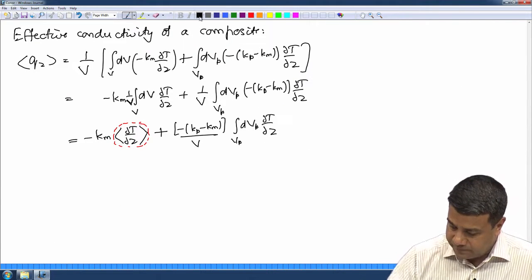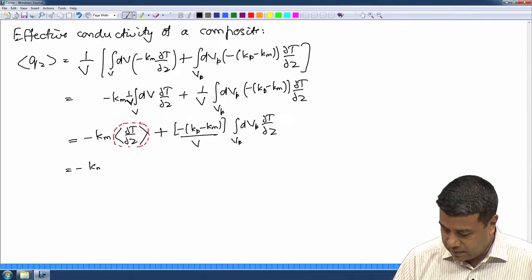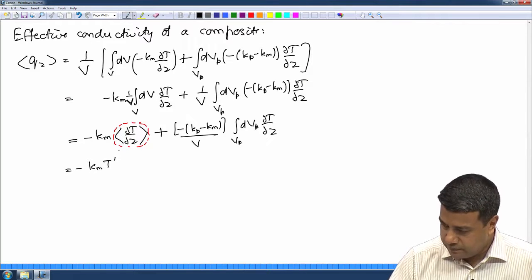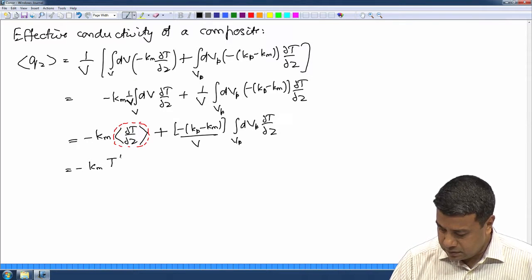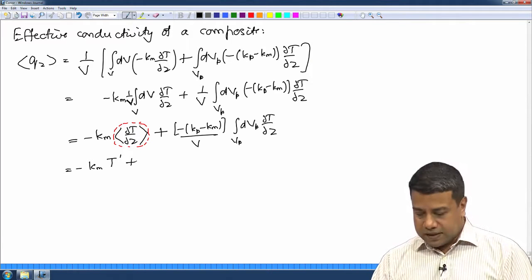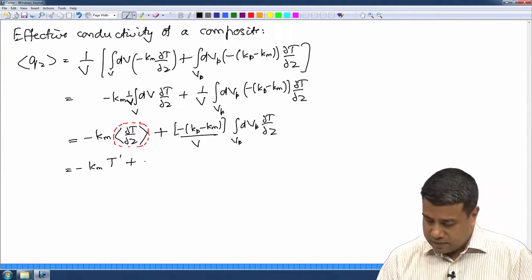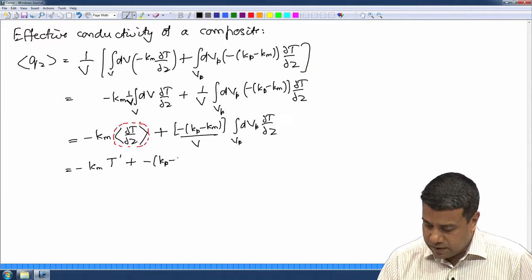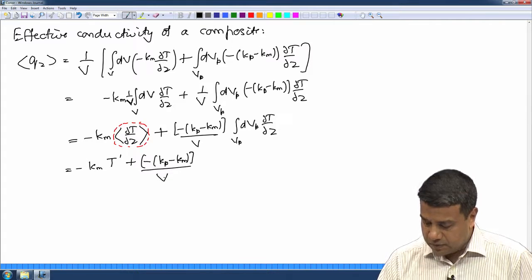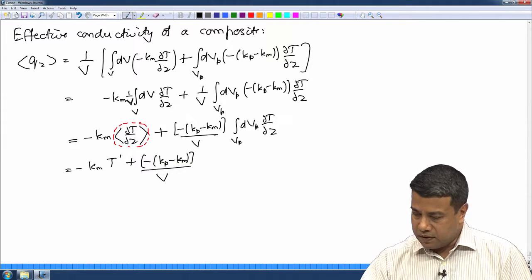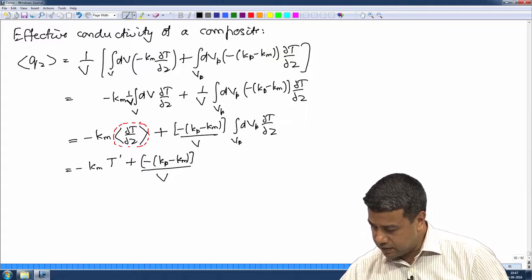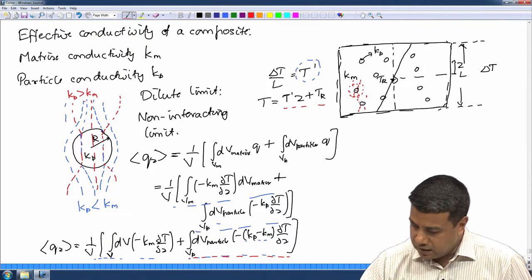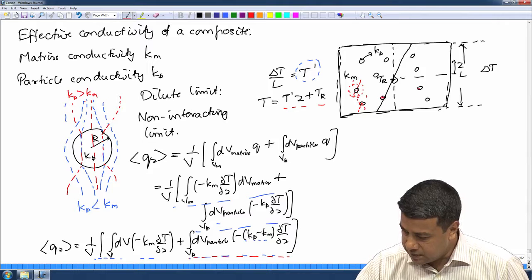Therefore, this just gives me minus Km into T prime, which is the imposed temperature gradient. And the second term, which is minus of Kp minus Km, divided by the total volume, I have an integral over all of the particles. So, basically the integral over the particle volume is an integral over all of these particles.